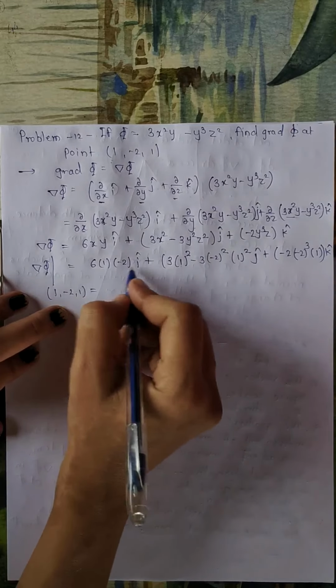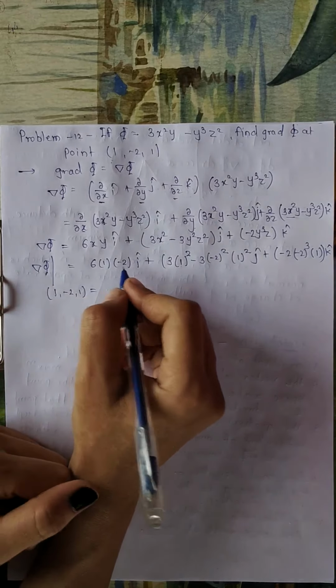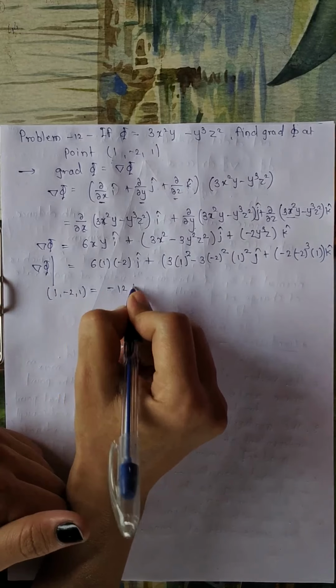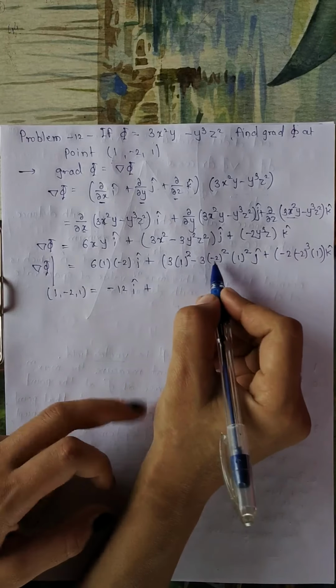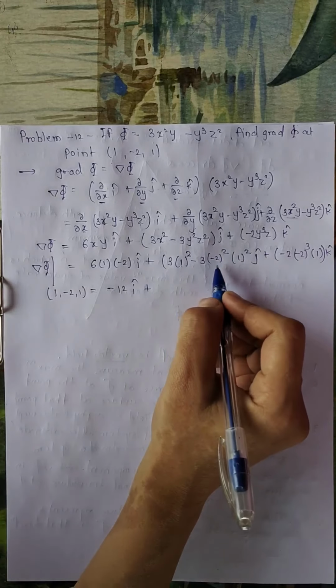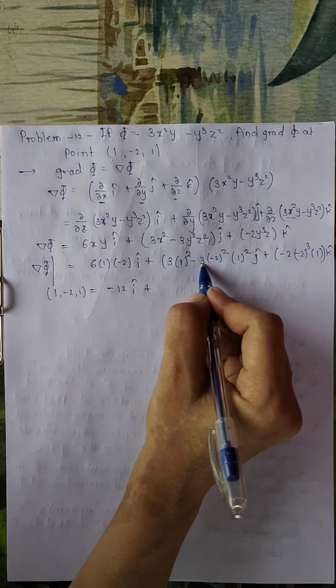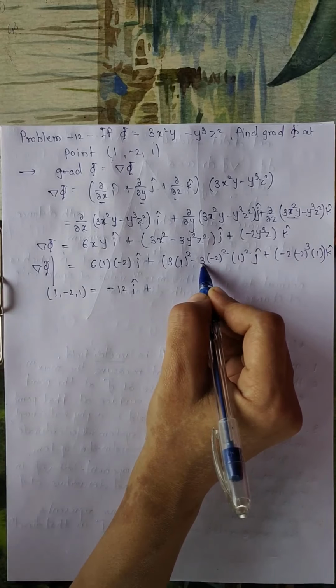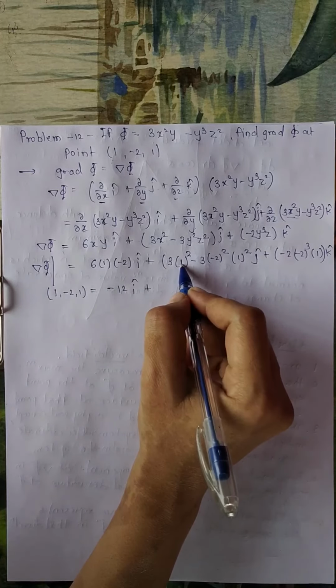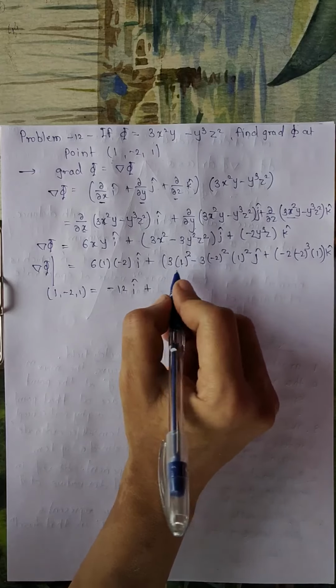So if you calculate this, you will get here minus 12 i cap, plus here minus 2 square is 4, 4 into 3, 12. That is minus 12 and plus 3. How much will remain?